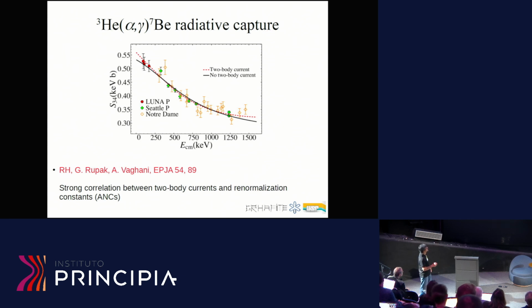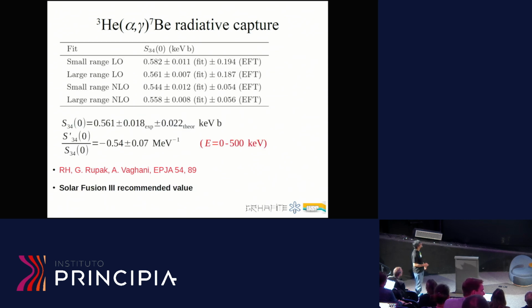And here we compare a fit with two-body currents and no two-body currents, and with no two-body currents we see a big change in the renormalization constants, all right? So also our results became a recommended value for the S factor.